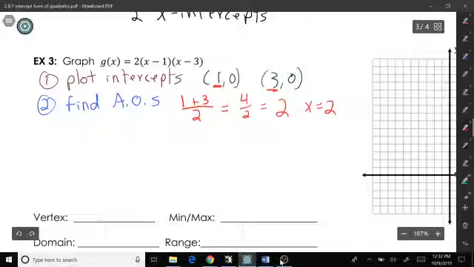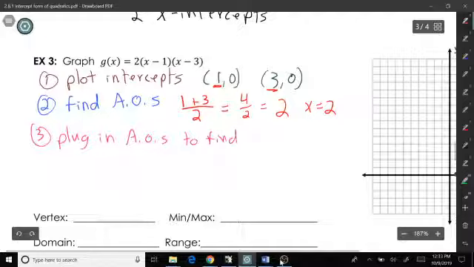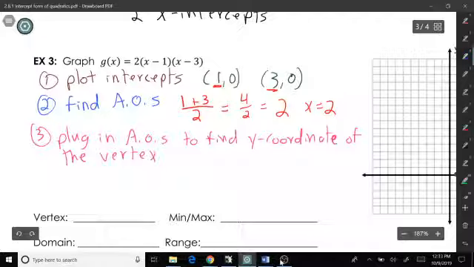The third thing we're going to do, plug in AOS, axis of symmetry, to find the y-coordinate of the vertex. So I'm going to take 2 and plug it into both x's up here.